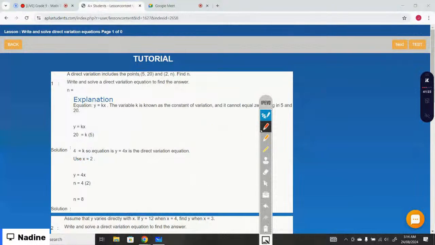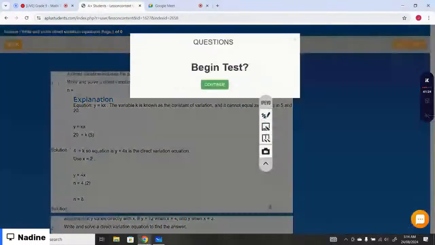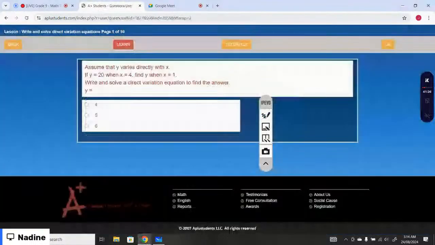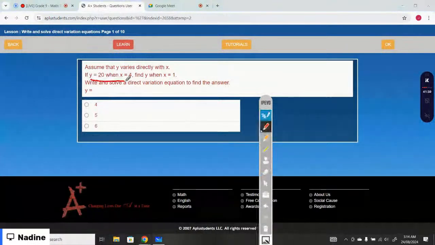Okay, let's just start with the test questions. Assume that y varies directly with x. If y equals 20 when x equals 4, find y when x equals 1. Okay, so just use the first value, y equals 20 and x equals 4, and find the value of k.